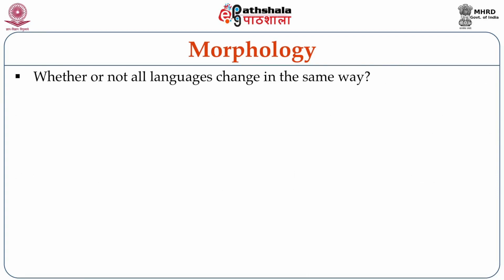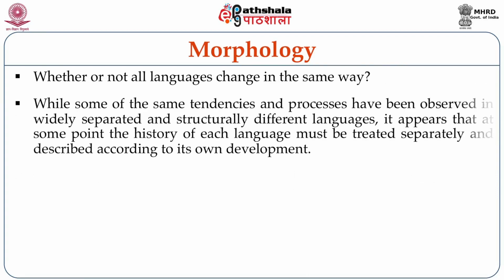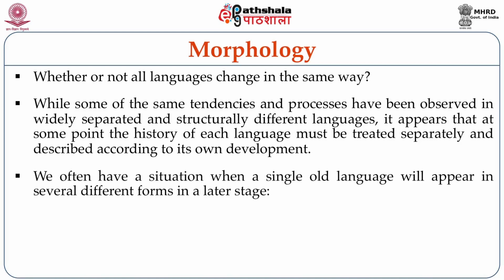Whether or not all languages change in the same way, some of the same tendencies and processes have been observed in widely separated and structurally different languages. It appears that at some point the history of each language must be treated separately and described according to its own development.